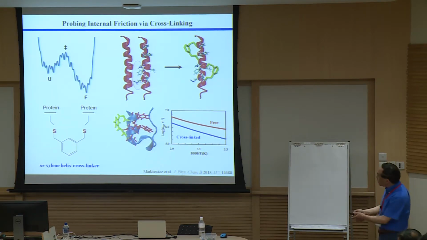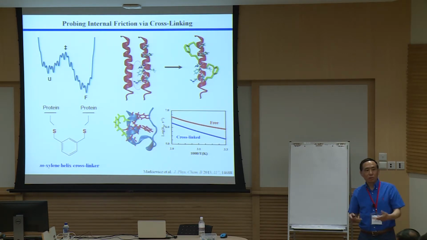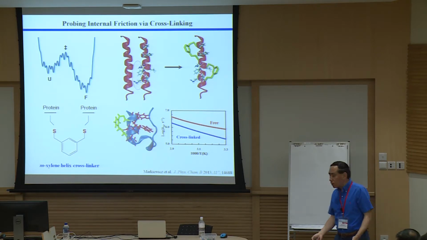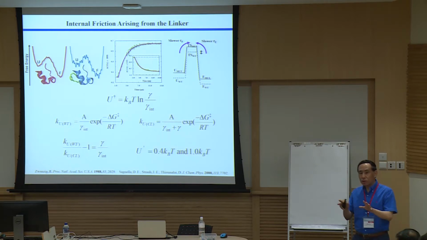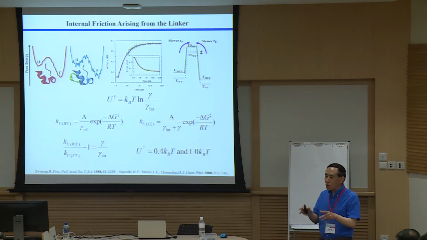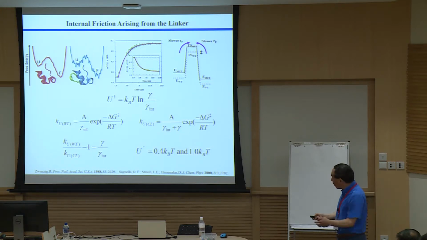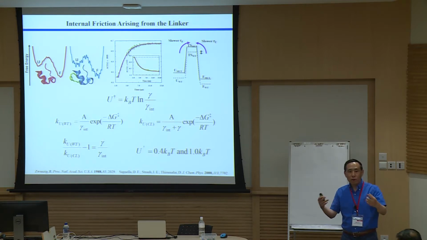Okay, but that doesn't mean that you necessarily increase the roughness of the potential. You could instead decrease the folding rate or decrease the unfolding rate. So we have done other work making sure that in this particular case, the introduction of the cross-linker has not really changed the overall barrier, but both the folding rate and unfolding rate become slower.